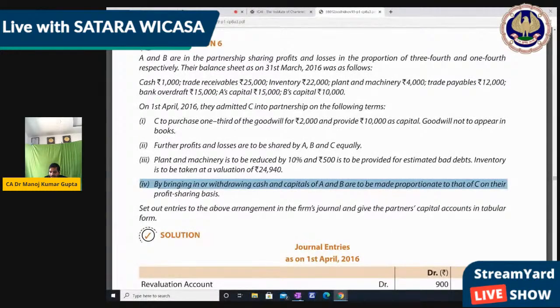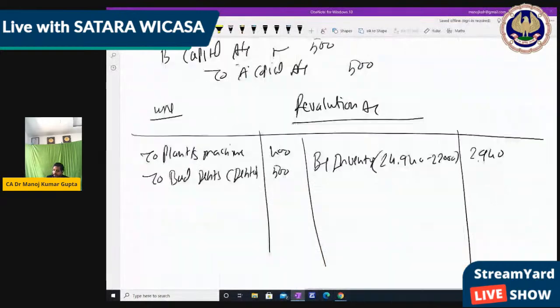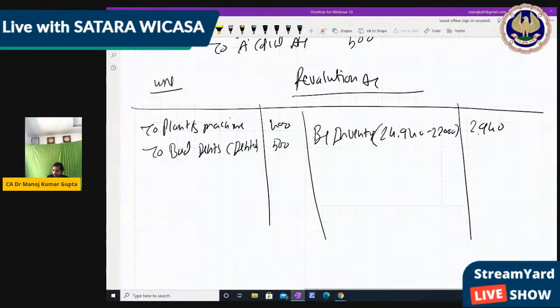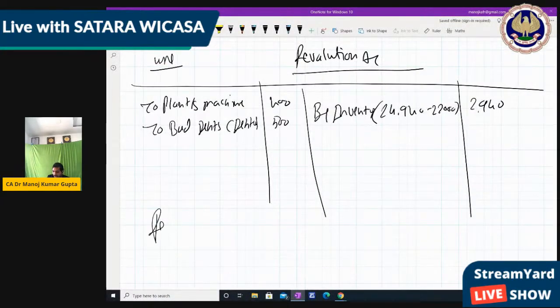And there is no reserve also. Trade receivable, inventory, plant and machinery, payable, overdraft. So these are normal balances, nothing more, reserve is not there. If reserve is there, that is also distributed among partners, right? So now, the revaluation entry you will also pass. What entry we should pass? Revaluation account debit.